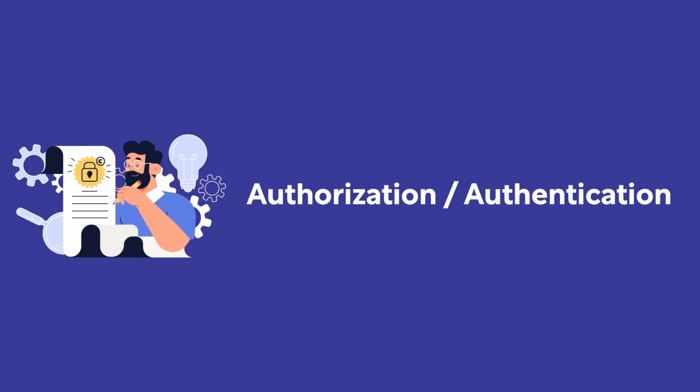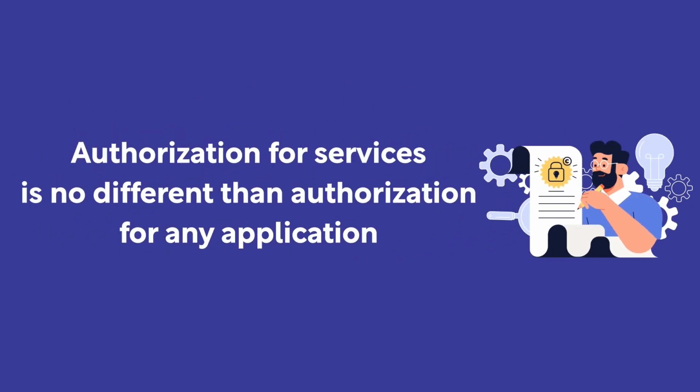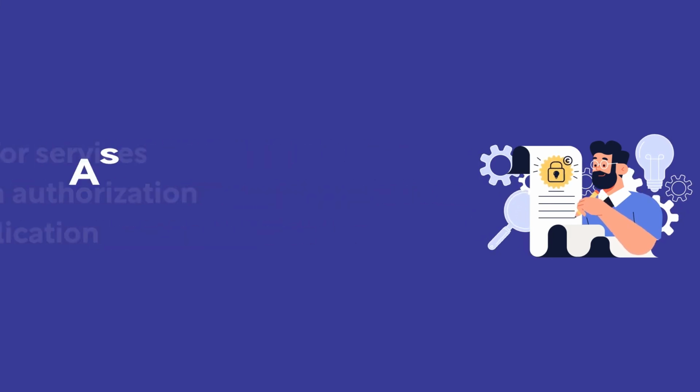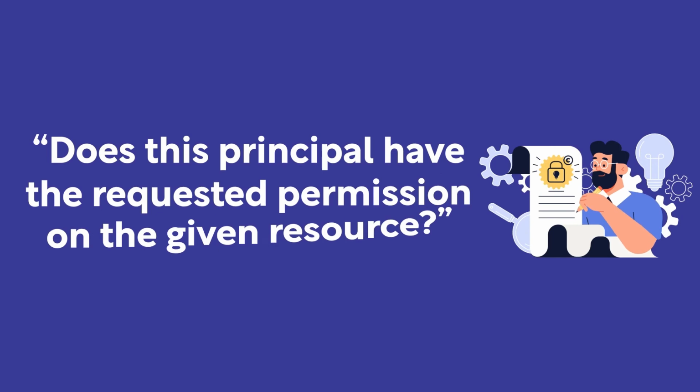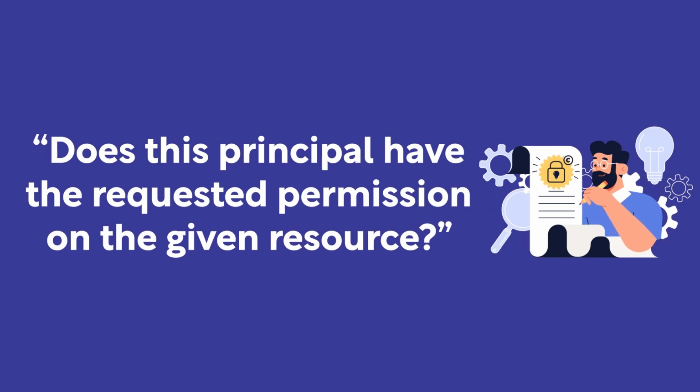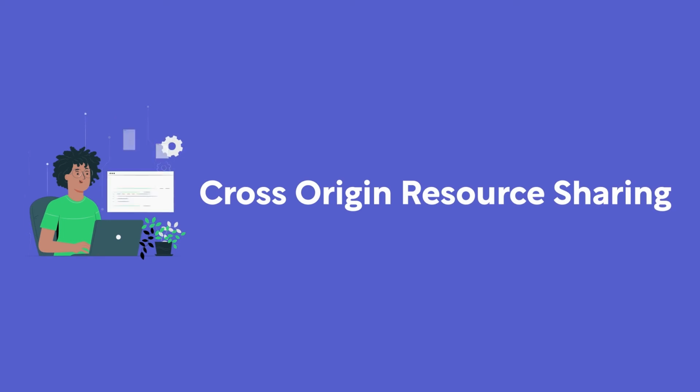Authorization, authentication. Authorization for services is no different than authorization for any application. Ask this question: does this principal have the requested permission on the given resource? Cross-Origin Resource Sharing.